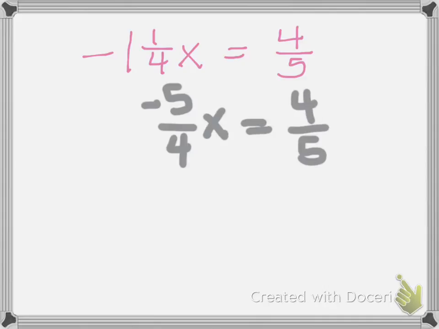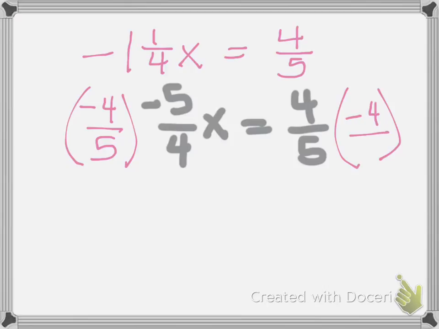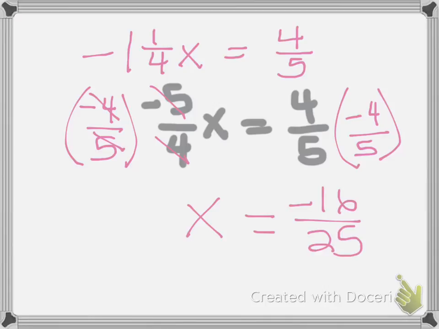Okay. Then you're going to multiply both sides by the reciprocal of negative 5/4, which would be negative 4/5. Multiply both sides by that. This cancels, so you're left with your x, and negative 16 over 25. So if that is what you got as your answer, you're on the right track.